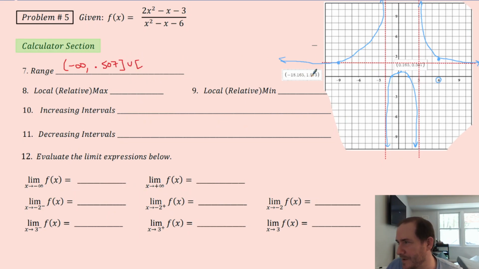Then the graph picks up again at this local min, 1.973. And from there it goes up to infinity. So that's our range. Our local relative max would just be this guy, the y value, so 0.507. And our local or relative min is the y value way over here, so the 1.973.